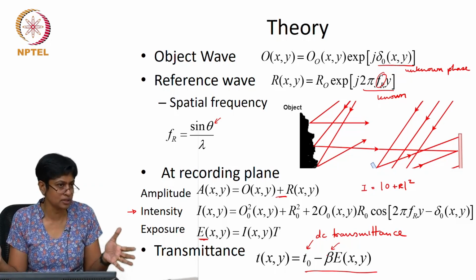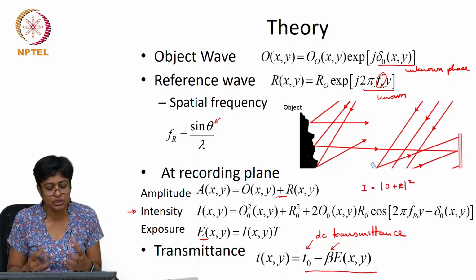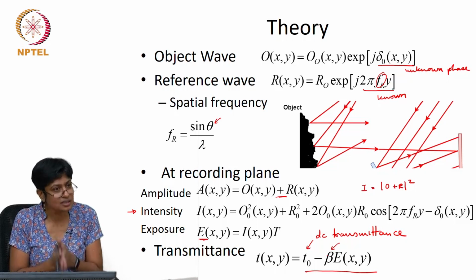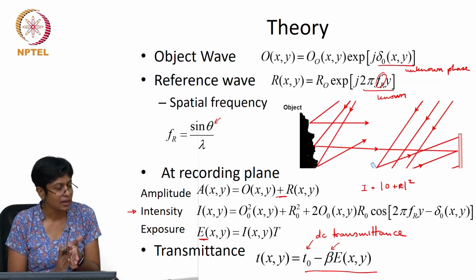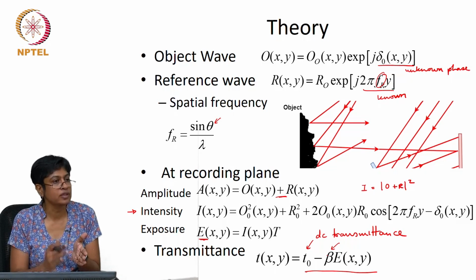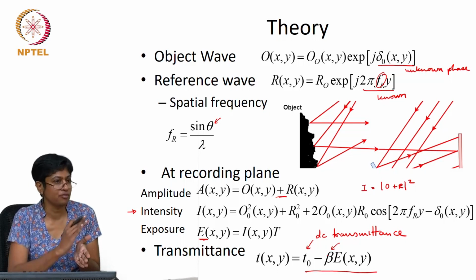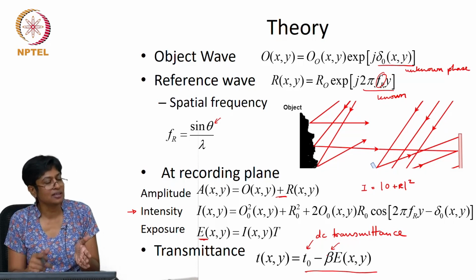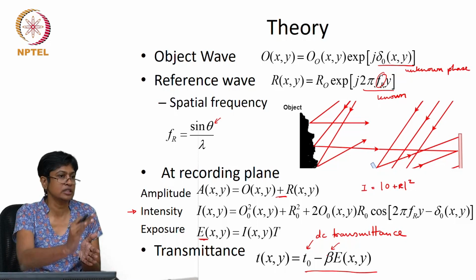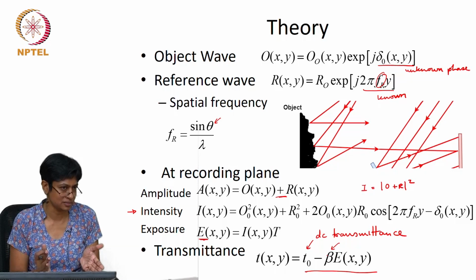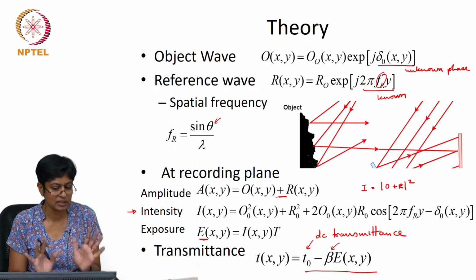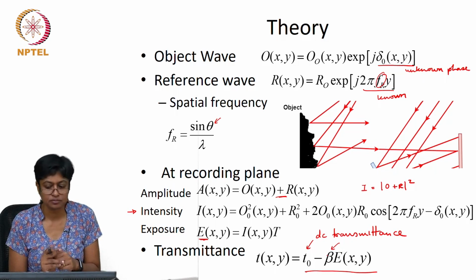So, there is a whole process you go through, but finally what you are left with is a plate with a certain transmittance that varies laterally, and that is a function of the intensity pattern that fell on it, which in turn is a function of the phase difference between these two beams. Okay? Is it clear till this point? Okay.